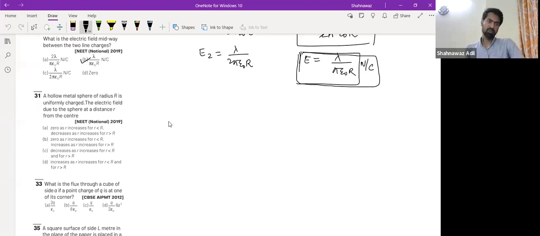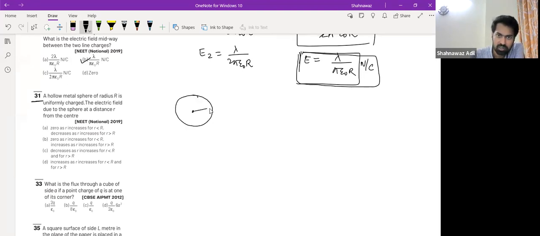Okay, so this part, who is going to tell? Aisha. So you have a hollow metal sphere of radius R, which is uniformly charged. The electric field due to the sphere at a distance r from the center. So we already know the electric field due to a hollow sphere.